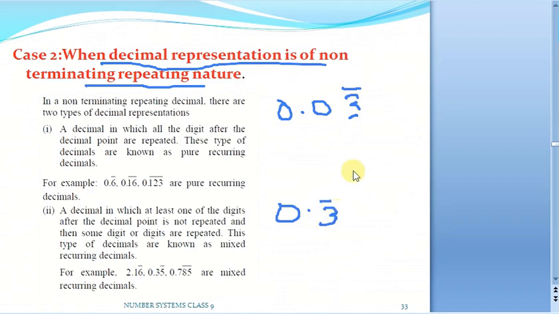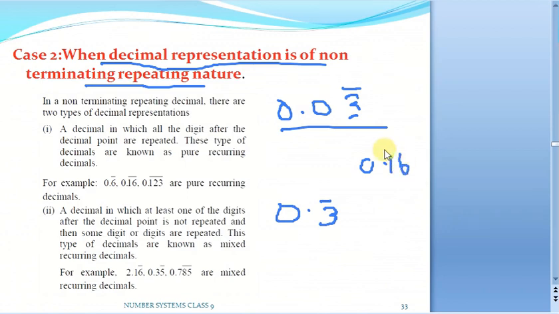What is the difference between these 2 cases? In the first, only some digits repeat, that is 3 only is repeating. Here 2 digits are there, out of which only 1 digit is repeating, and here only 1 digit is there, and that digit itself is repeating. That means after the decimal point, only some digits can be repeating, or all the digits can be repeating.